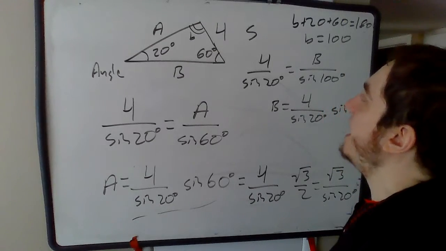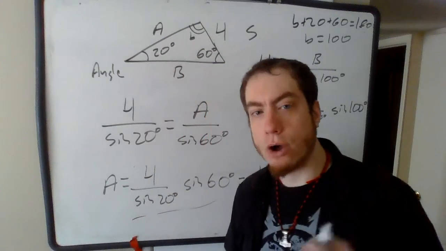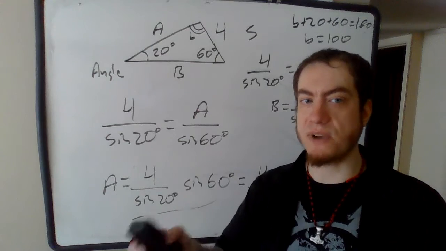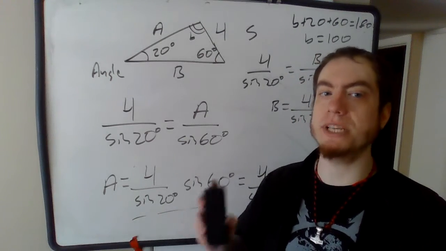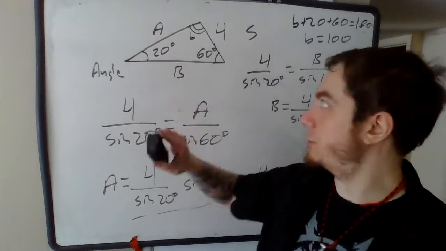So notice that as long as I know 2 angles in the triangle, I always know the third angle. So if you know 2 angles, you can always find the third angle, which means you can always use the law of sines as long as you know one of the edges.